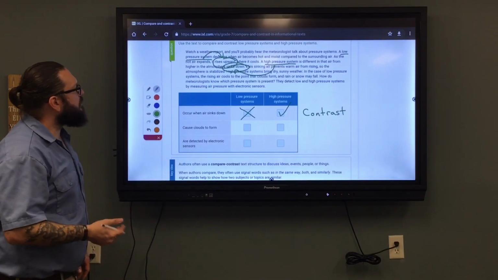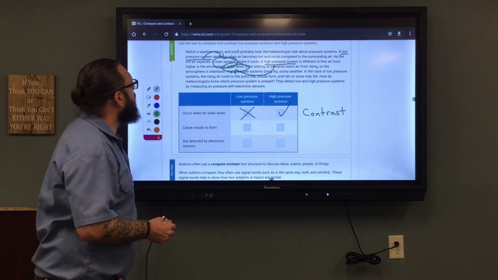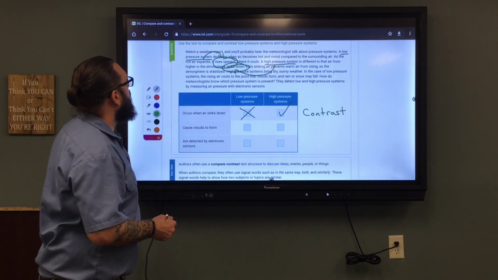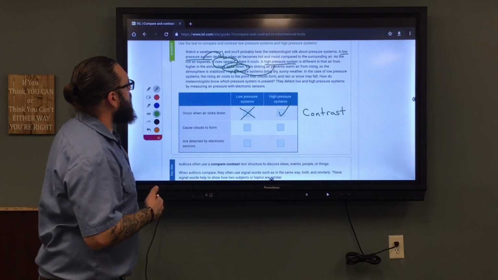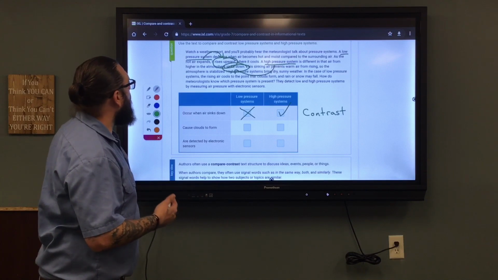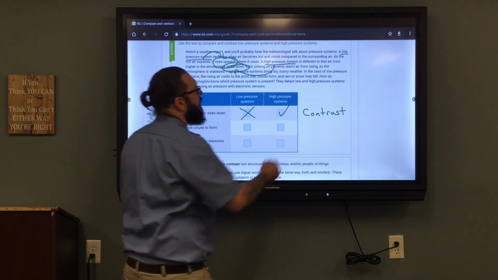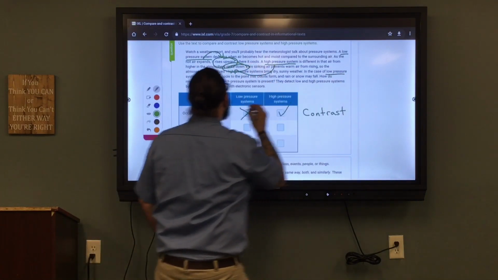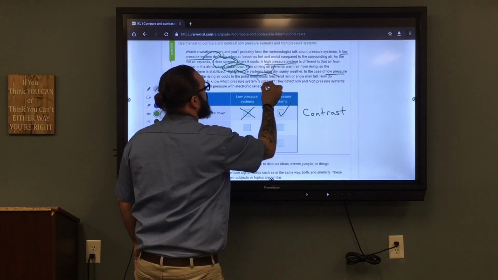Cause clouds to form. If we continue reading, high pressure systems bring dry, sunny weather. In the case of a low pressure system, the rising air cools to the point that clouds form. Okay, so we are told that low pressure systems cause clouds to form.